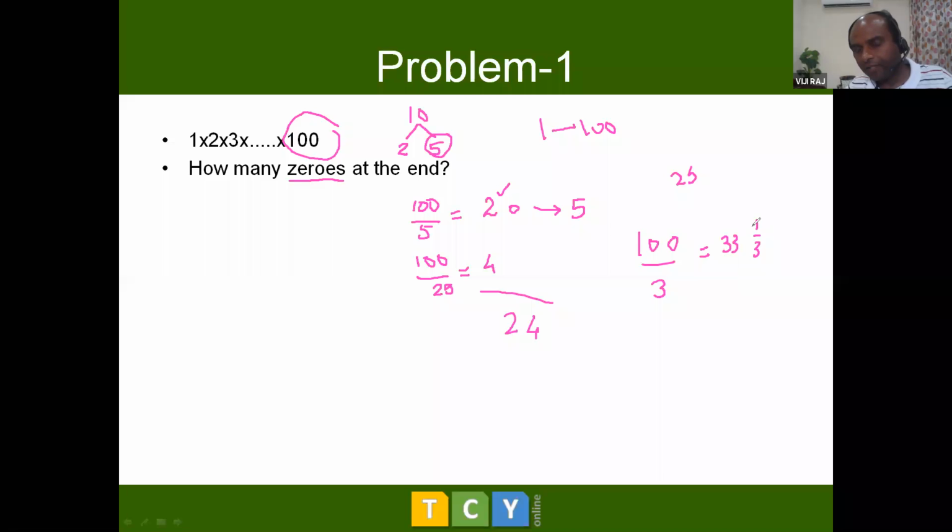Agreed? So I'll ignore this fractional part and go with the integer part. So there will be 33 multiples of 3 from 1 to 100. Understood?